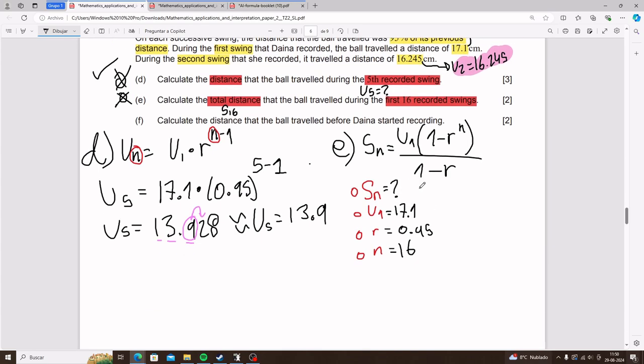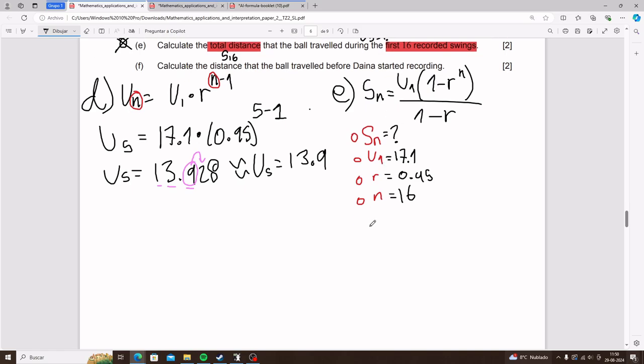So S of 16 equals U1, which is 17.1, parentheses 1 minus r, which is 0.95, to the power of n, which is 16, close parentheses, divide by 1 minus r, which is 0.95.